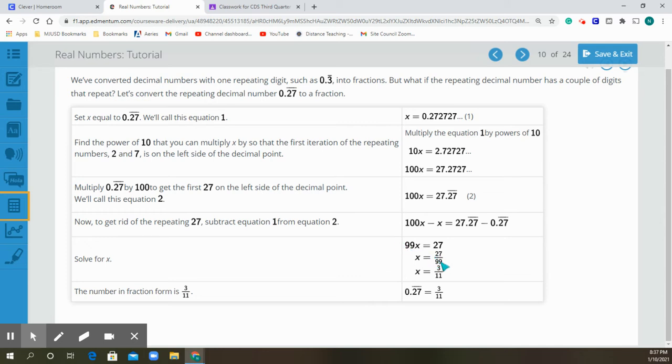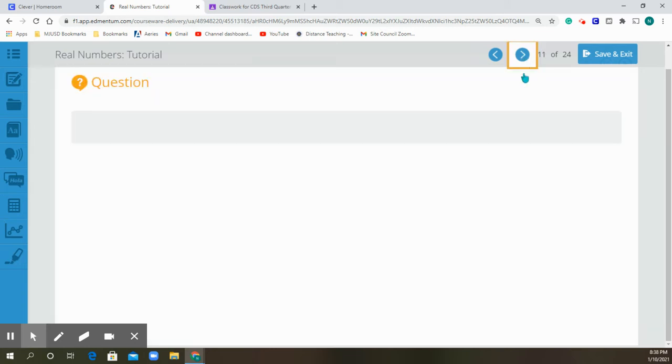What you do to one side, you do to the other. Then they reduced it. 27 divided by 9 is 3, because there was 99 here. 99 divided by 9 equals 11. That's how they got the 3/11ths. 3/11ths is the same as 27 repeating. It's close.